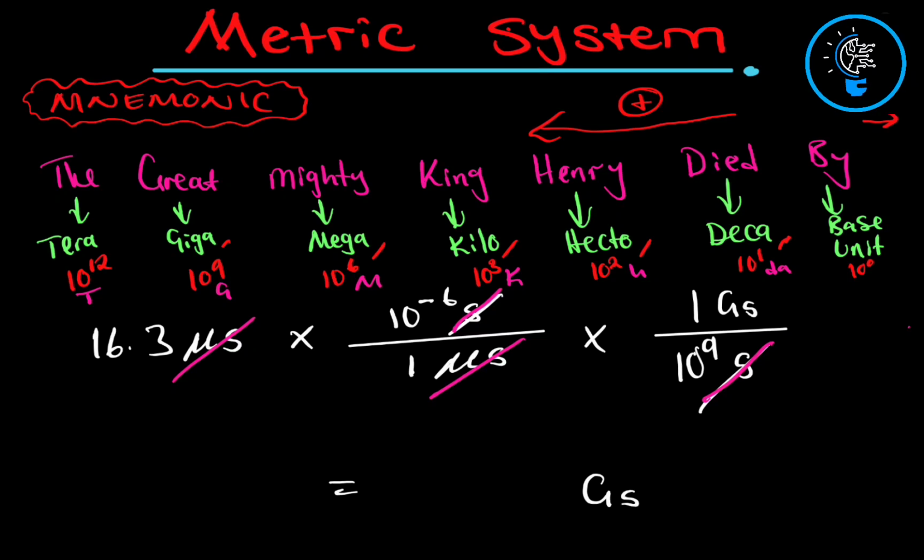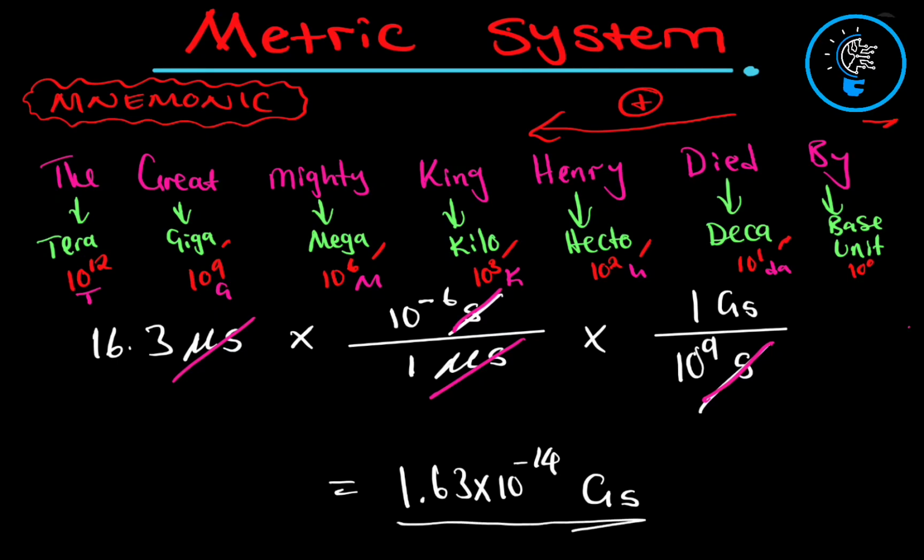Let's patch it into our calculator. So we are saying 16.3 times 10 to the power negative 6, divided by 10 to the power 9. You're going to get a value of 1.63 times 10 to the power negative 14 as your solution.